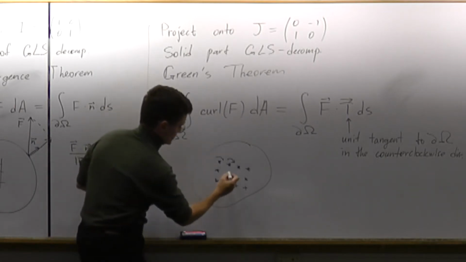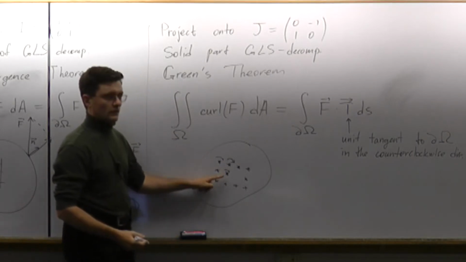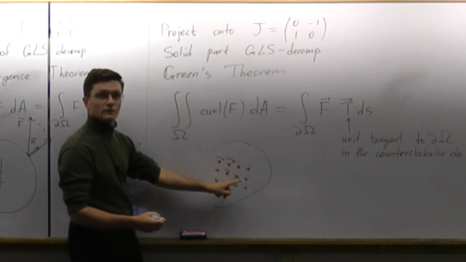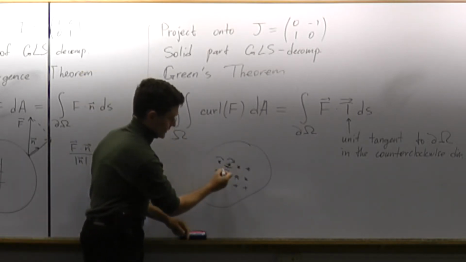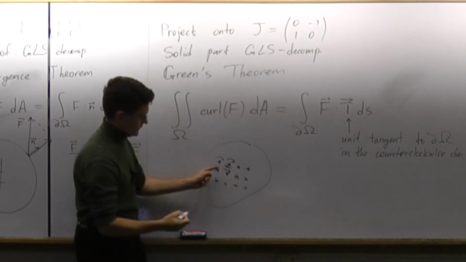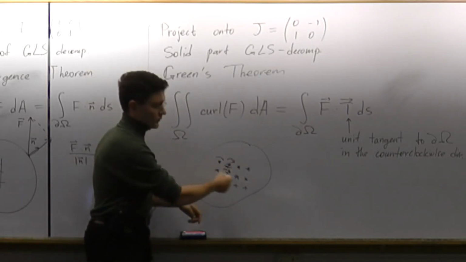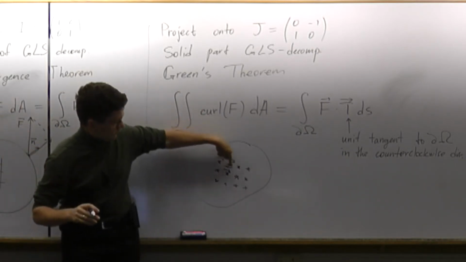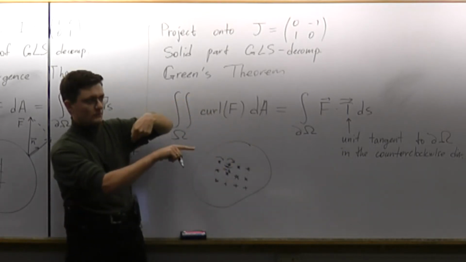Well, why are they going to cancel? Well, because for any rotor inside, I have neighbors rotating around it. Now, how do they rotate? Well, they tend to push water this way, and my rotation tends to push it the opposite way. Now, assume that the strength of all the rotors is the same, right? Then these two attempts to push water one way and the opposite way are exactly the same.